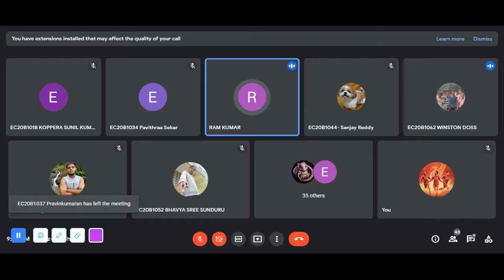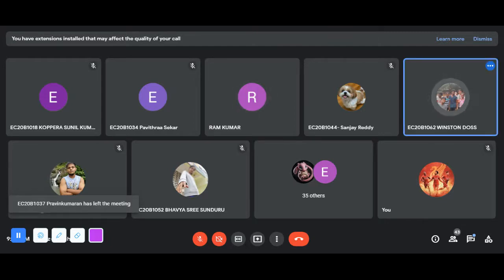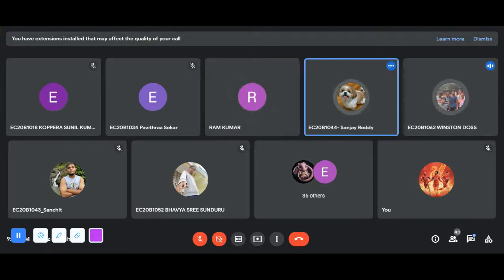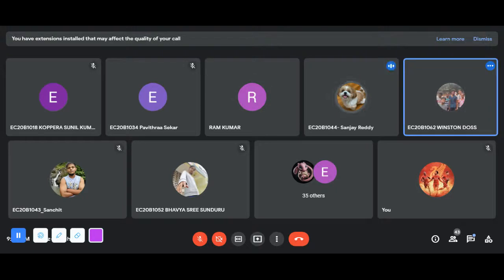They did it on electric Gauss law, application with differential volume and symmetrical charge distribution. Sir, we did sphere, infinite plate, and infinite line, those things.